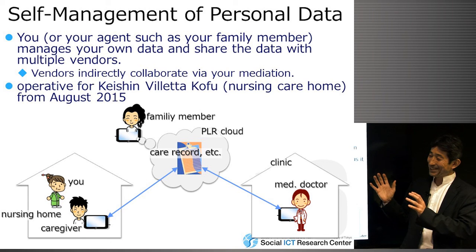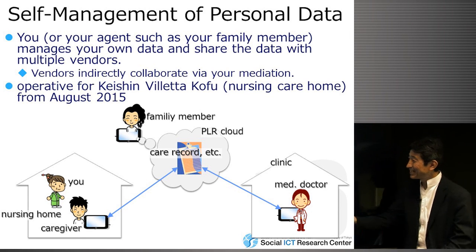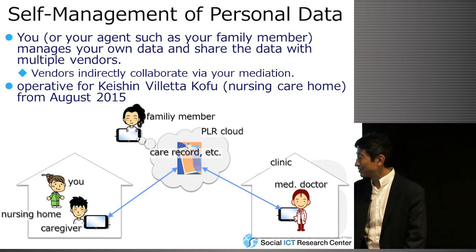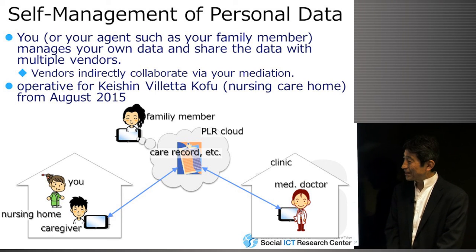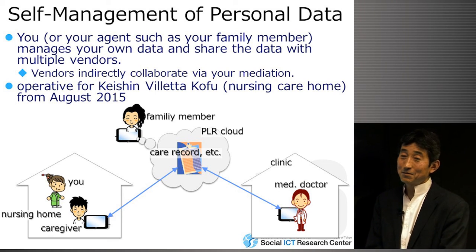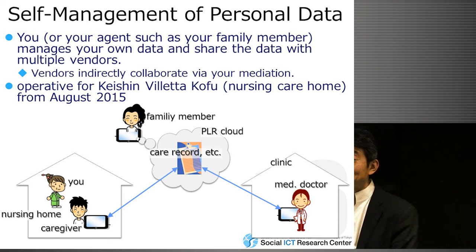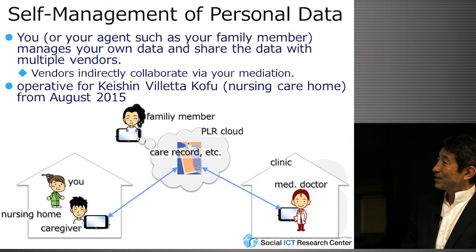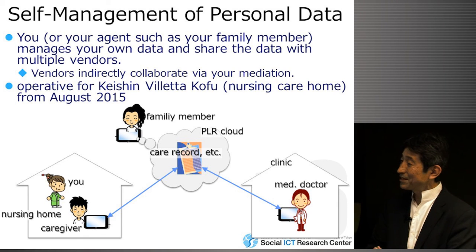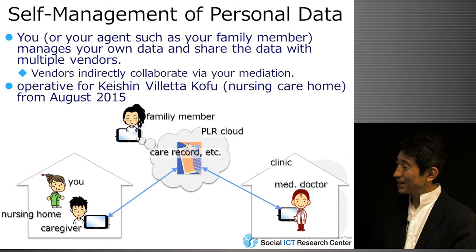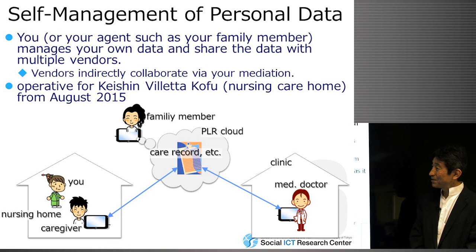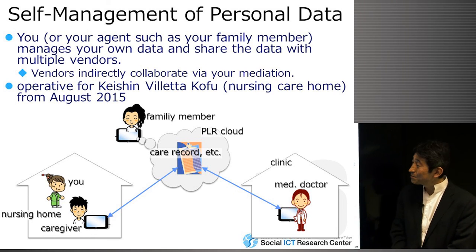Well, actually, it's an old man, but in this picture, it's an old woman. But this person's care record data used to be managed by the nursing care home before this time. We changed the operation a little bit in such a way that her data is managed by her family members.